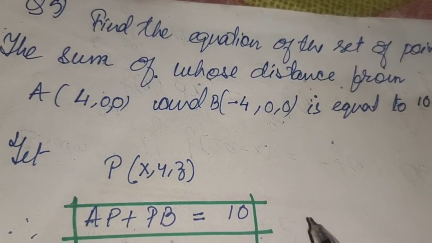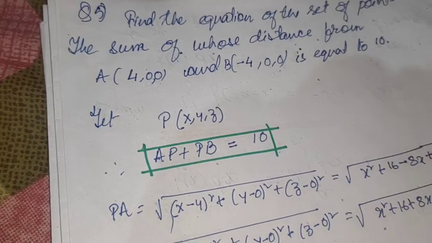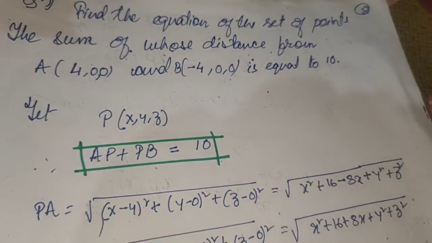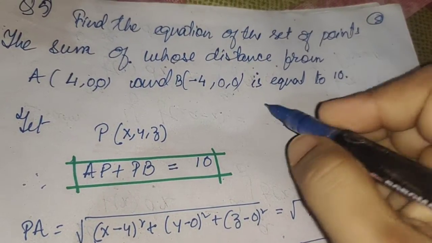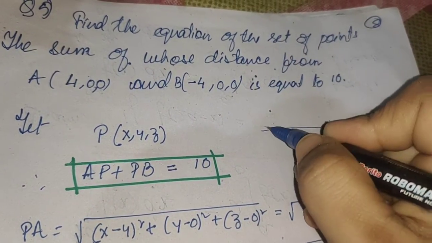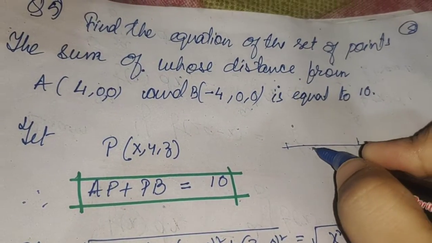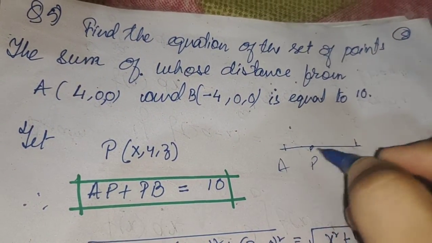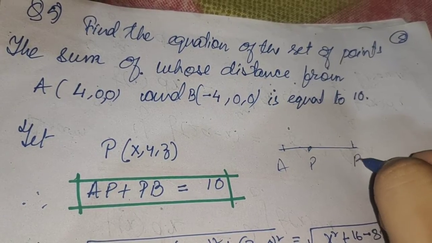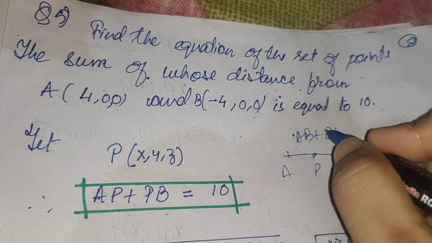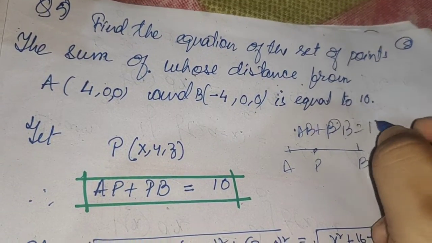Let us consider a point P. P is a point whose distances from them are not given. So let us consider P is somewhere here. So AP plus PB is given as 10 units.